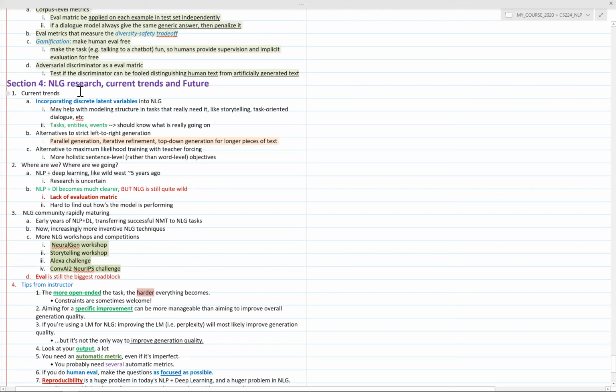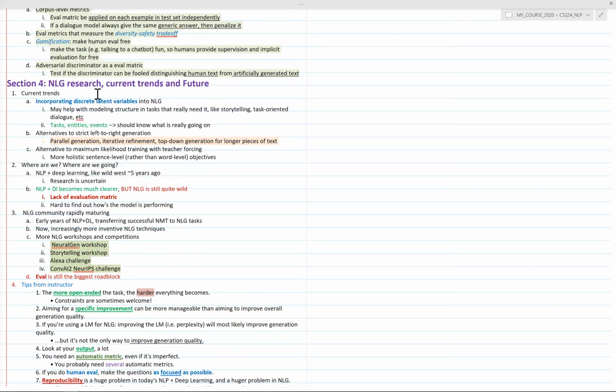The first one is people are trying to incorporate discrete latent variables, which means putting the tasks, entities, and events of the story of the text into the model. Just as I mentioned before, which was previously a neural language understanding task, but people are finding this is a really good way to solve a problem like storytelling or other task-oriented dialogue problems.